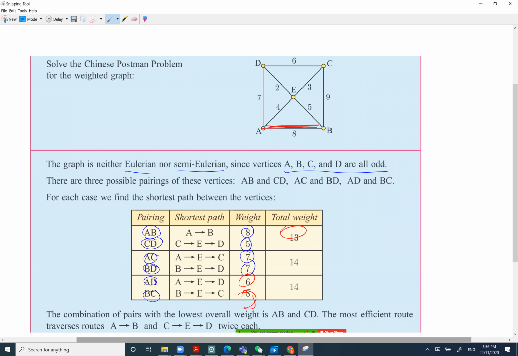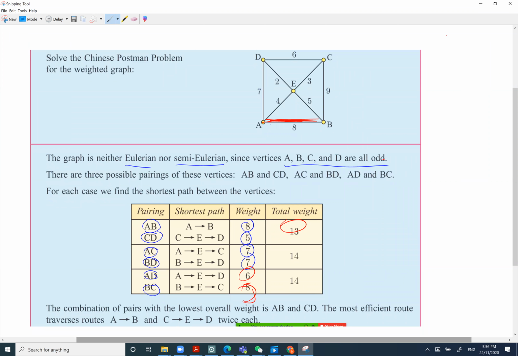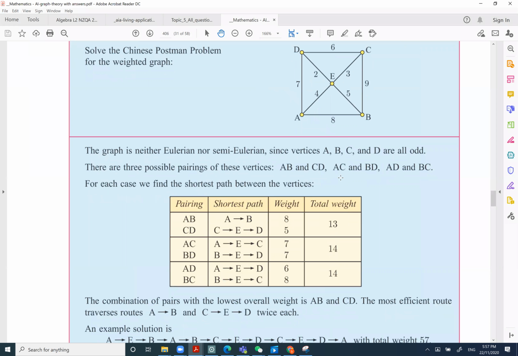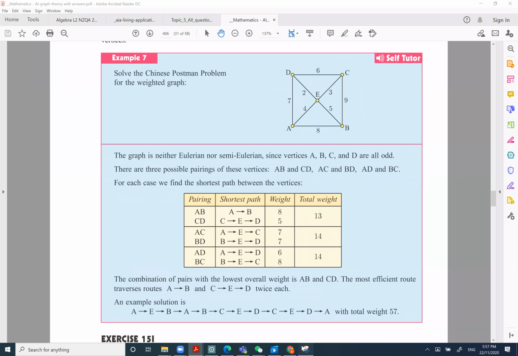A to B, you can start from A and then go back to A. C to D. Yeah, so that's the idea. We check the final answer.